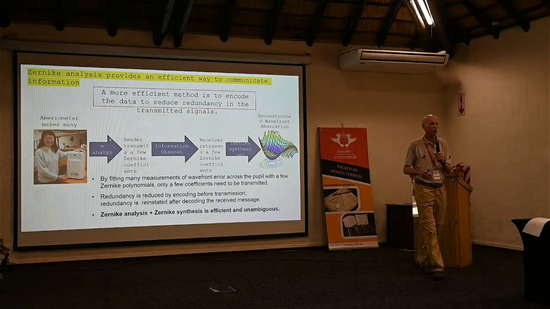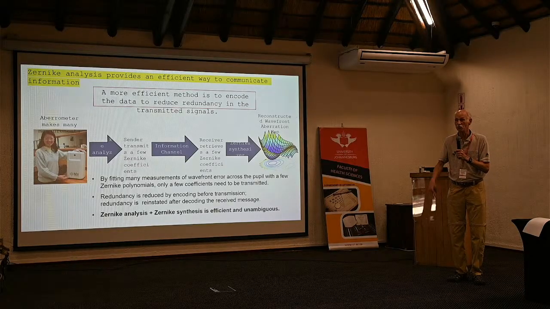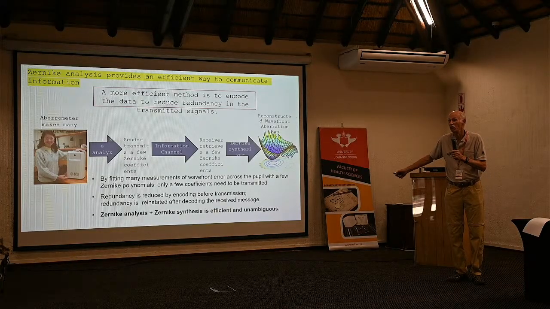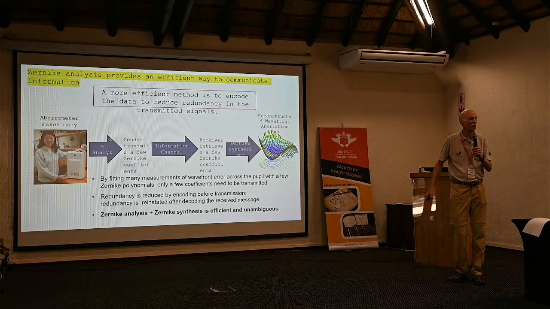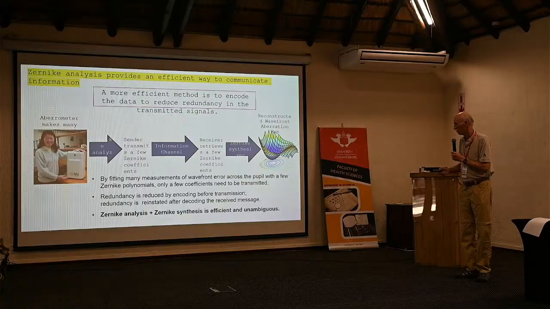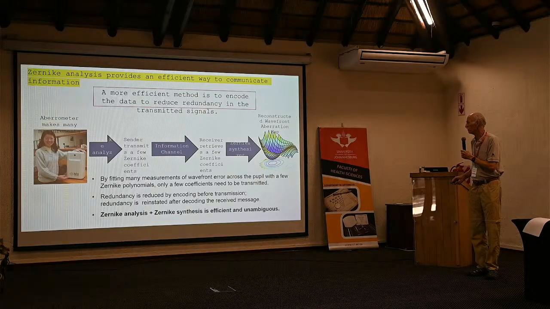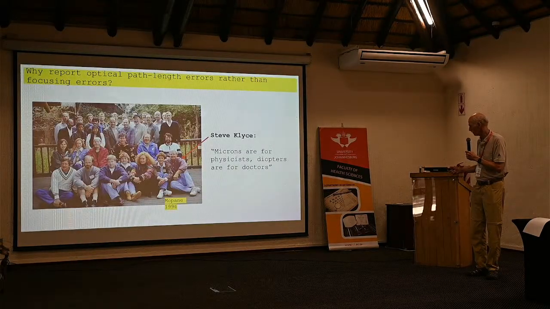You can think of Zernike analysis as a way to encode the data and make it very efficient. So you may have 1,000 measurements and only send 15 Zernike coefficients, because that includes most of the information to be transmitted. So it's a redundancy reducing method to use Zernike coefficients as your basic information being transmitted from author to receiver.